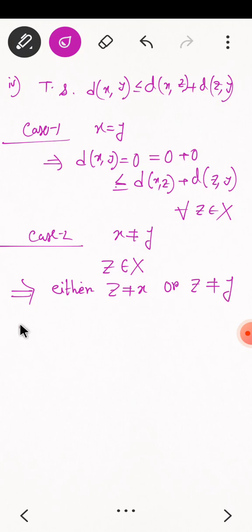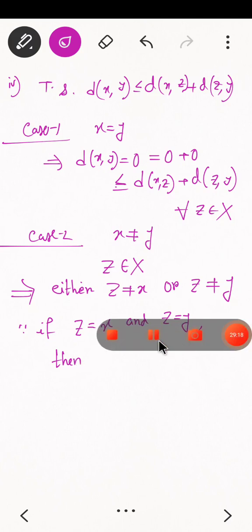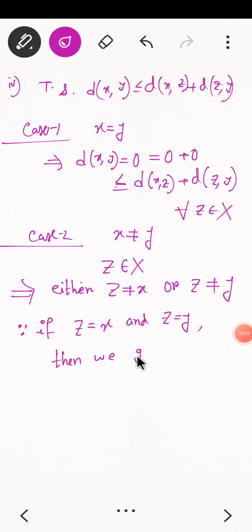Since if z equal to x and z equal to y, then we get x equal to y.